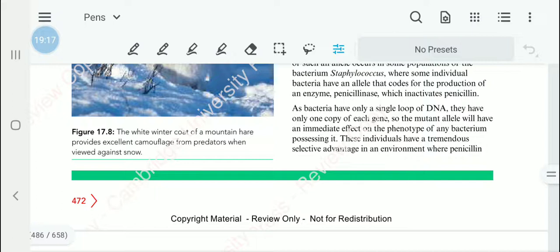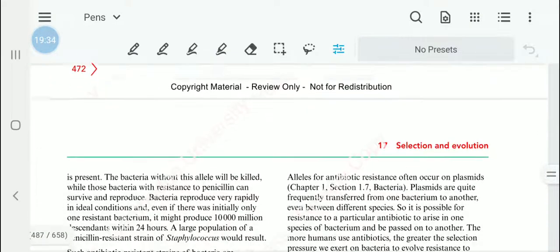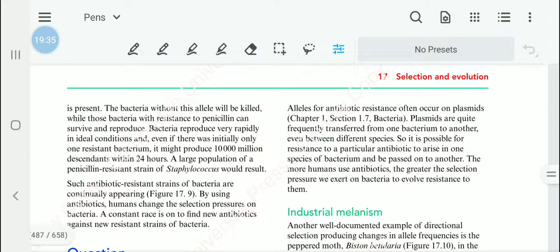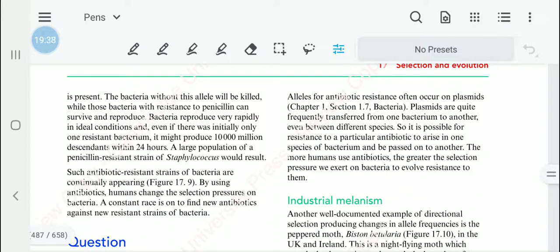So the mutant allele is going to have an immediate effect on the phenotype of any bacterium, and they have a tremendous advantage. That means they can reproduce without being damaged by the penicillin drug. The bacteria without this allele are going to be killed, but the bacteria with resistance to penicillin are going to survive.